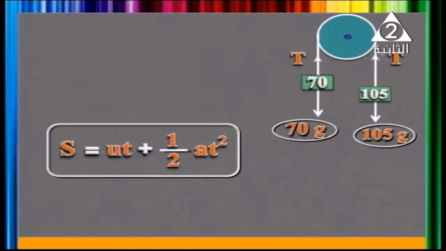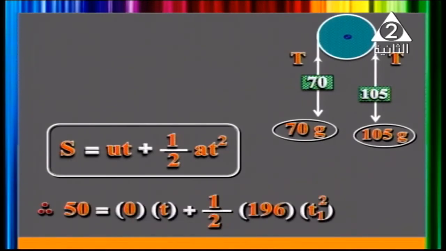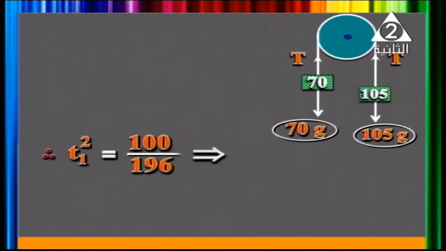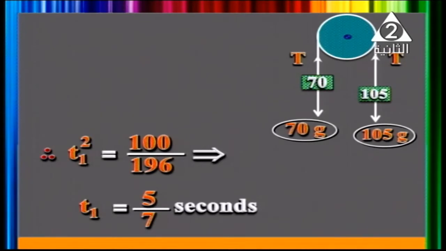By substitution, S equals 50, v naught or u equals 0, acceleration 196 from the first required, to find the value of time t. Then t squared equals 100 over 196, equals 5 over 7 seconds. This is t1.